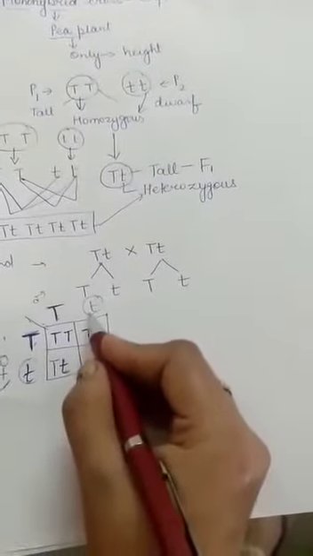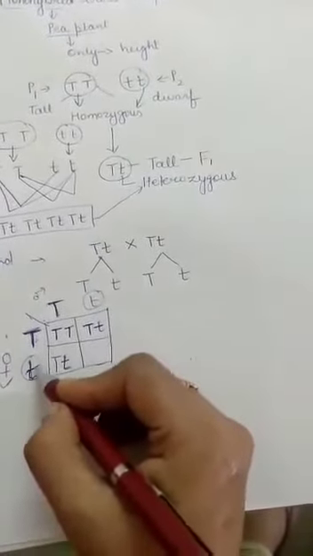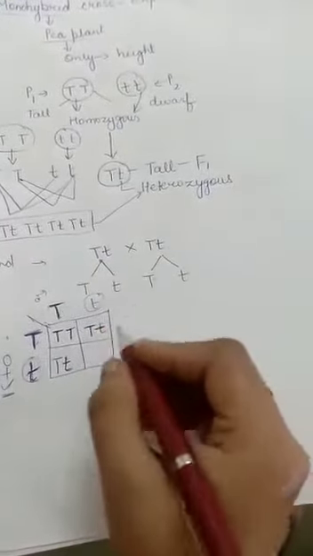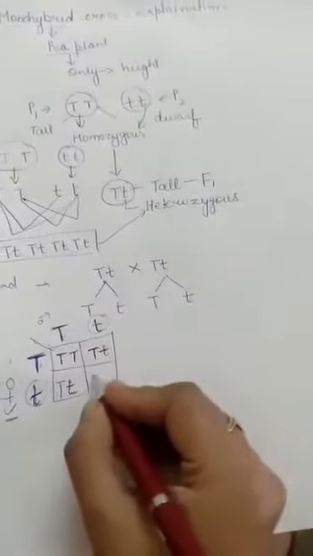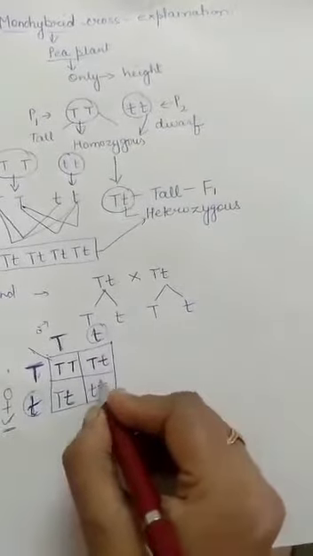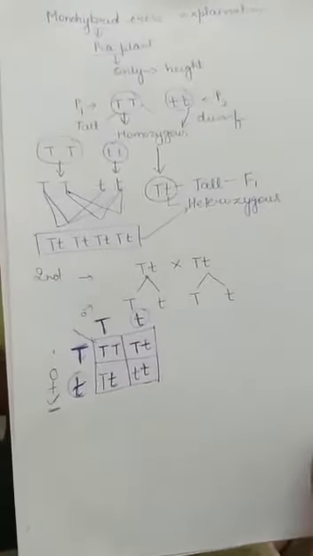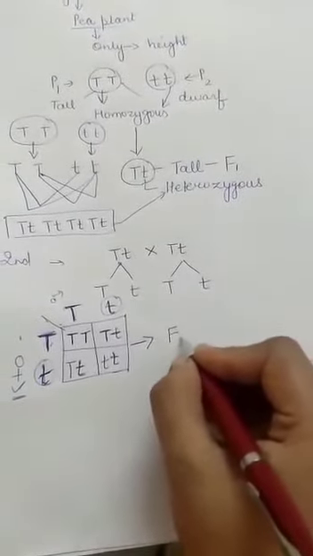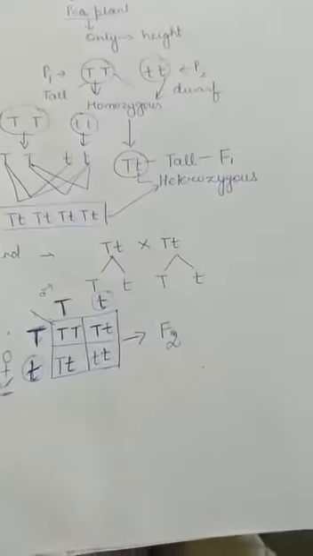Now the last option, when a small t female gamete is crossed with the male gamete small t, we will get small t small t. This is the product he obtained in the F2 generation.